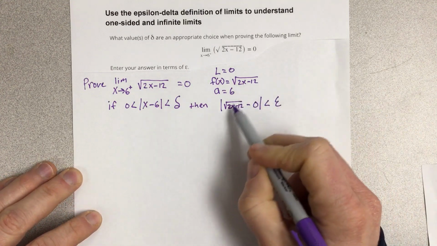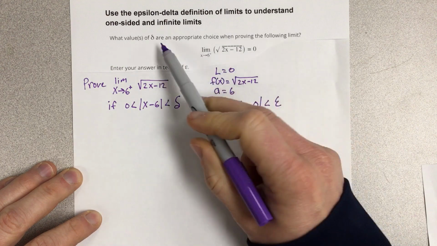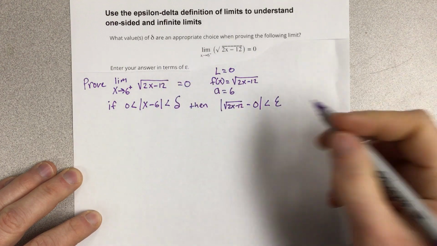So this is what we want to have happen. We're going to start with what we want and work our way backwards to find this delta, which is what they're asking us for.